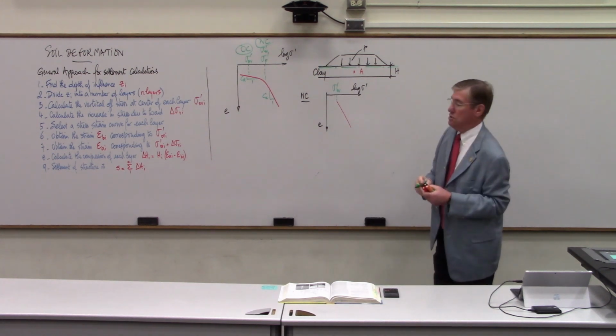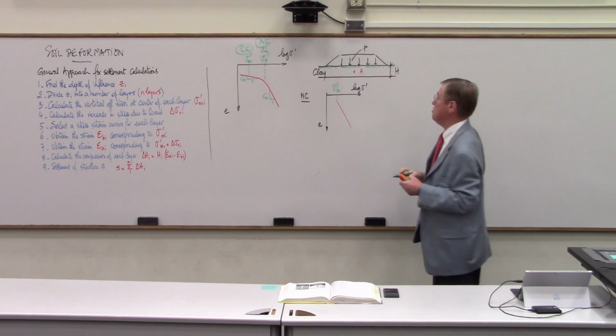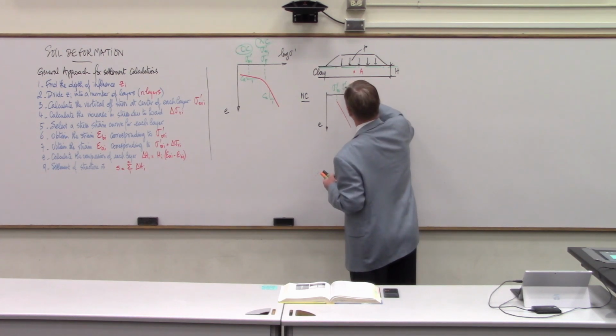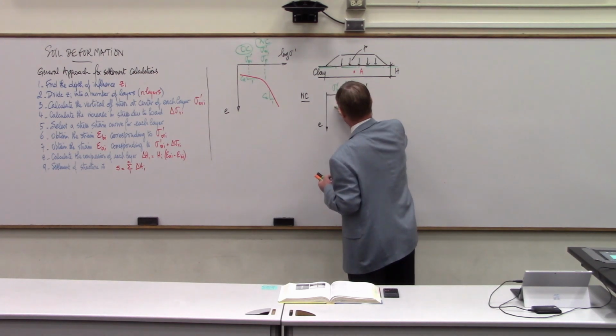There is no pre-consolidation pressure, or if you wish, the pre-consolidation pressure is equal to the vertical effective stress in the center of the layer. And then right here we have sigma prime OV plus delta sigma V. And remember the slope here is C sub C.